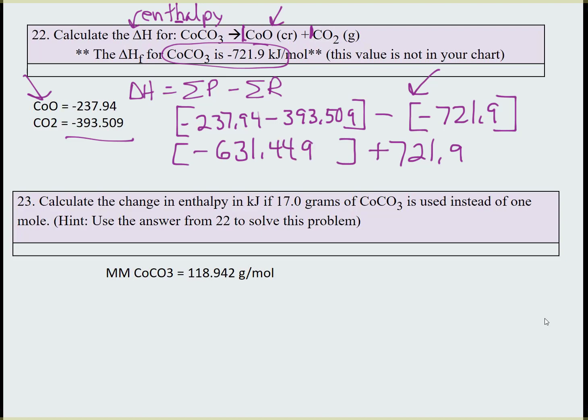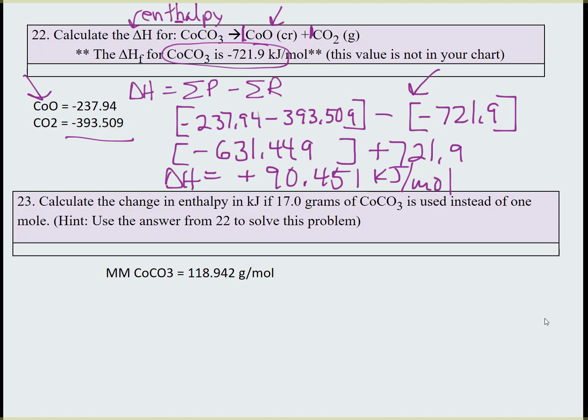And then you can see I'm going to end up with a positive number. And I end up with my delta H is a positive 90.4 kilojoules per mole. Okay, so this is the amount of energy that goes into the reaction. This is endothermic.